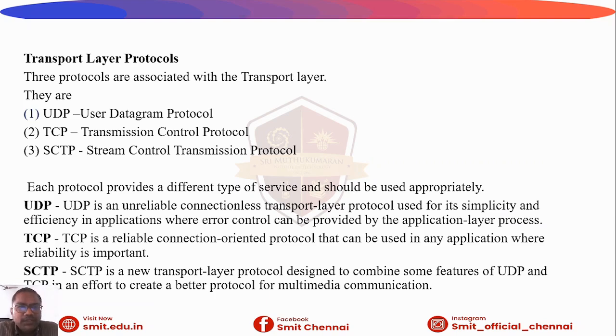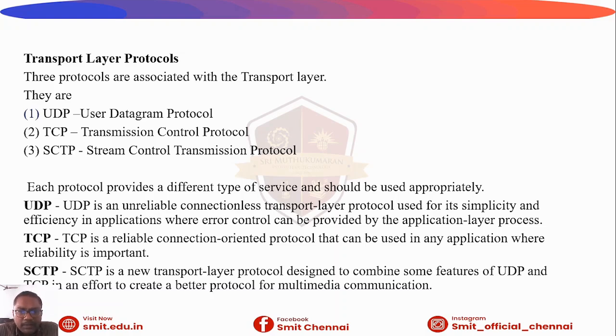Now the next one is the transport layer protocols. There are three types of protocols available for this transport layer. First one is User Datagram Protocol, UDP. Second one is Transmission Control Protocol, TCP, and the third one is Stream Control Transmission Protocol. UDP is an unreliable, connectionless protocol. It is a very simple one which provides service to the application layer process.